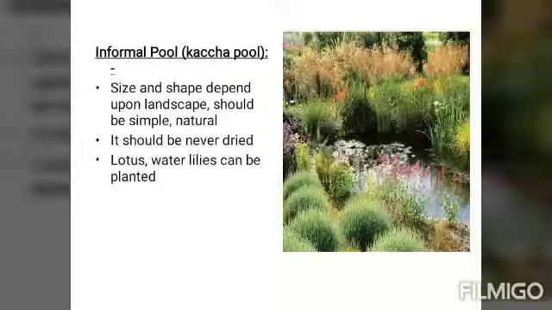So here also the size and the shape depend on the landscape, how much ground and space you have; you have to see according to that. And your informal pool should be simple and natural, and it should never be dry.